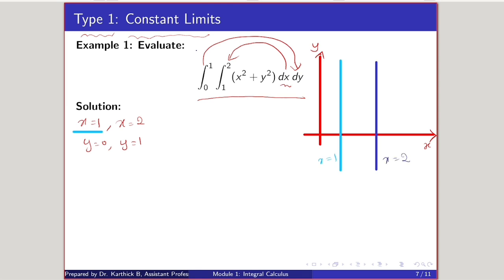I may consider this as 2. So x varies from 1 to 2.